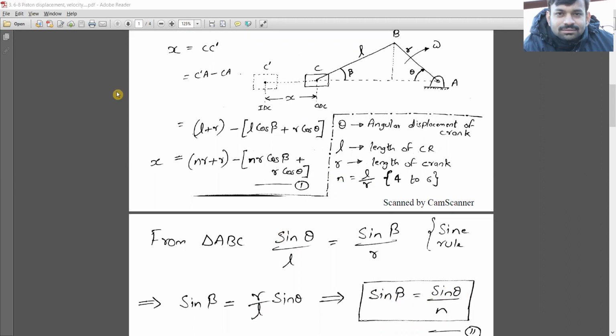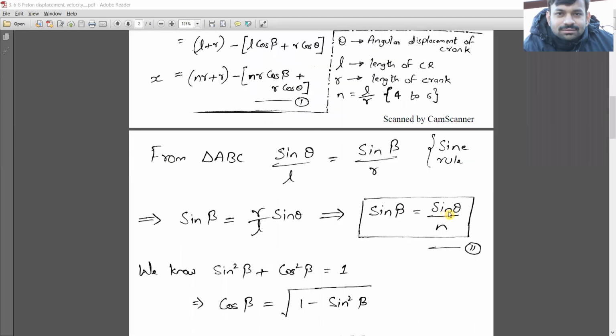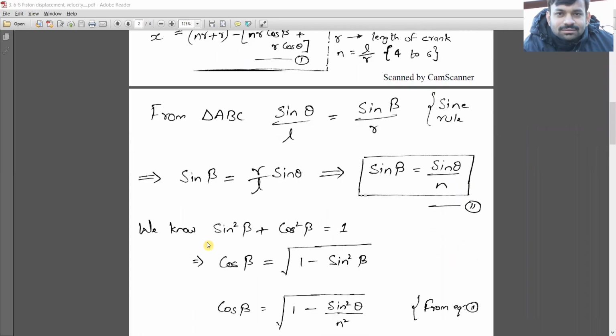Okay, and we'll be using the value of sine beta over here, and this is equation number 2. Then we know this well known formula, sine square beta plus cos square beta is equal to 1.